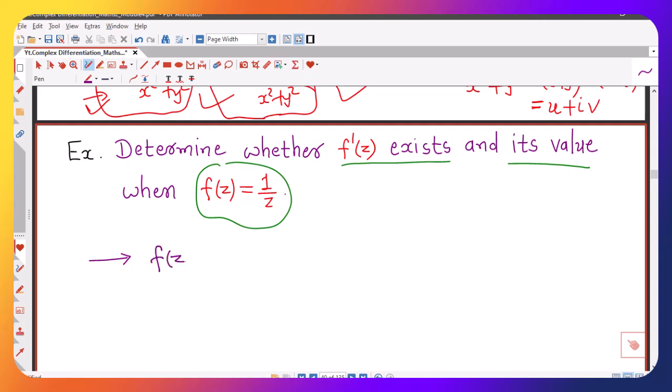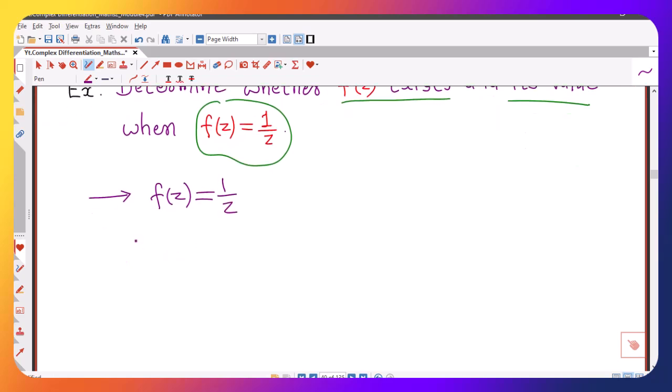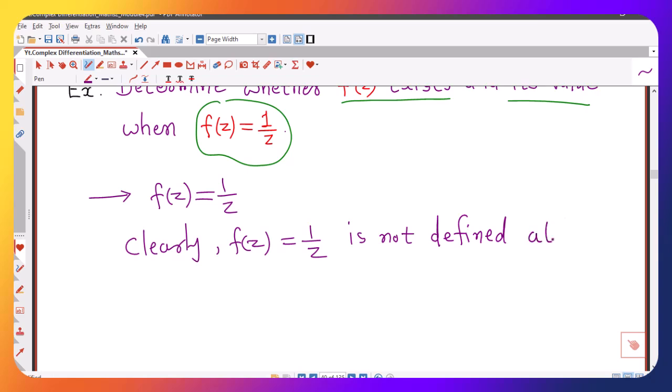So we start by writing f of z, which is 1 by z, and we can write that clearly f of z equal to 1 by z is not defined at z equal to 0.